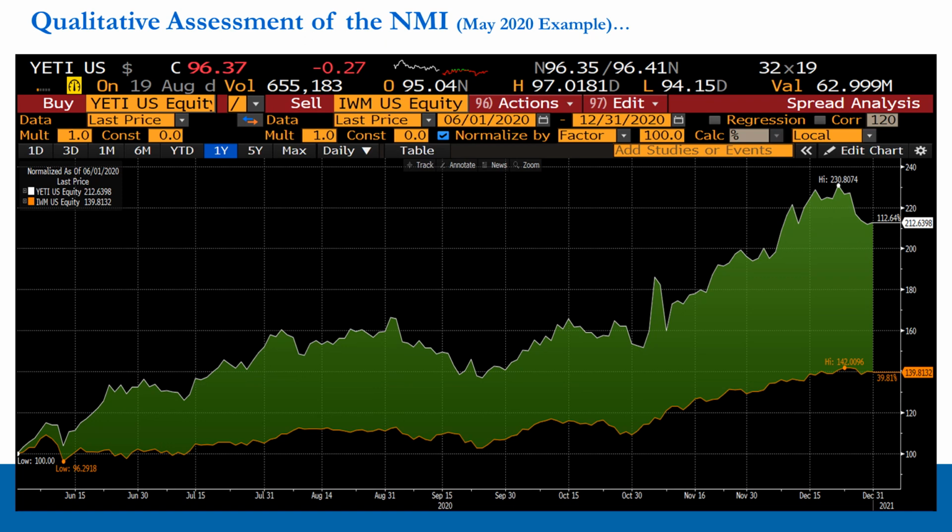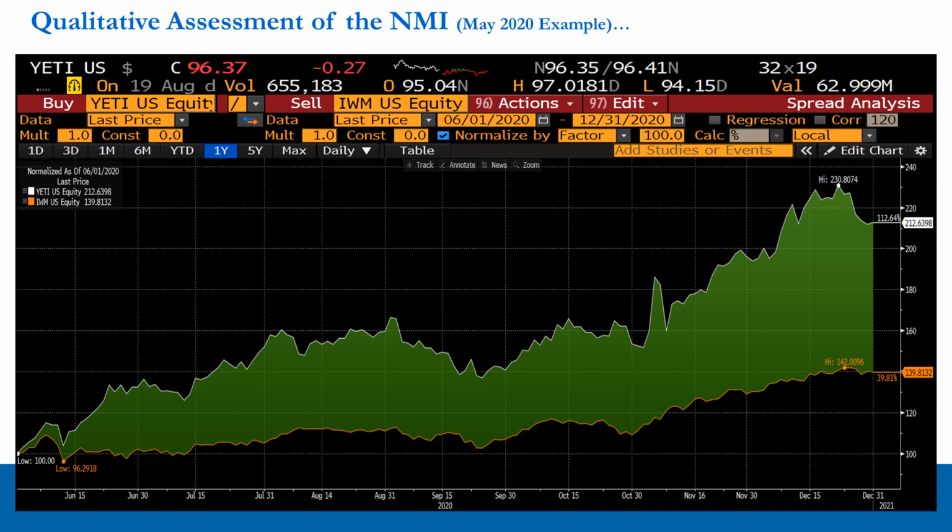Now, Yeti itself as a stock is actually not part of the S&P 500 index. So yes, we can compare Yeti to the broader market of mega cap and large cap stocks. But if we compare Yeti to the IWM, the Russell 2000 ETF during that time, this would be more accurate because Yeti is in the IWM.